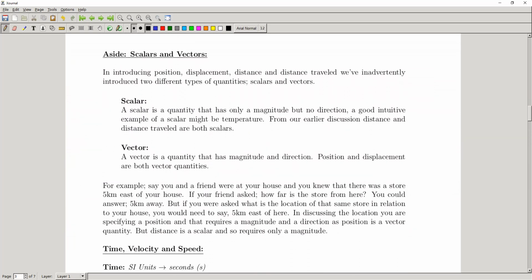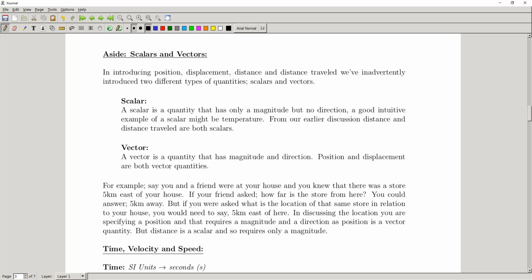Okay. So in introducing displacement, distance, and distance traveled, we've kind of inadvertently talked about two different quantities here, scalars and vectors. And this is just a very quick introduction to scalars and vectors. We're going to talk more about scalars and vectors as we move into 2D kinematics in the upcoming chapters.